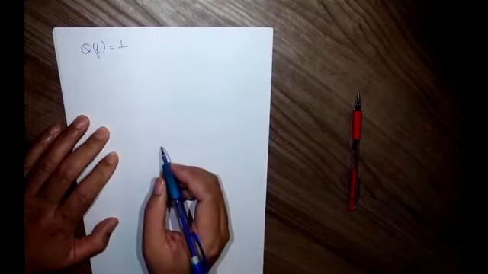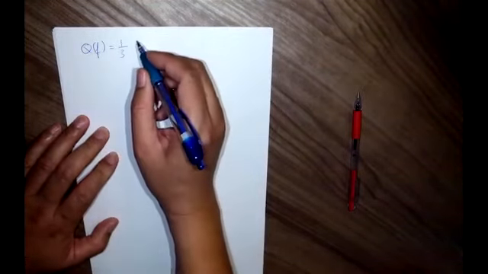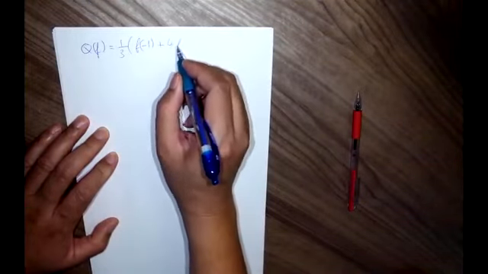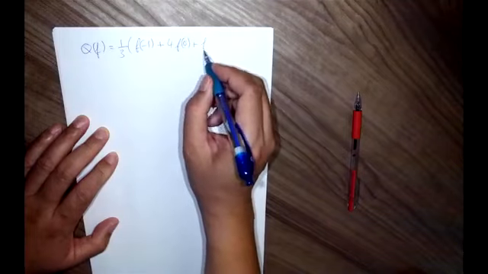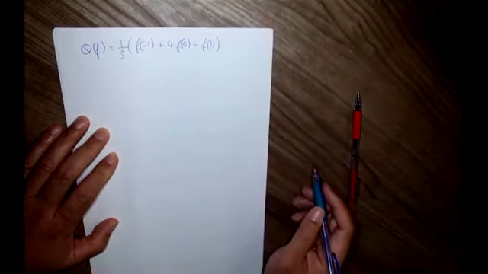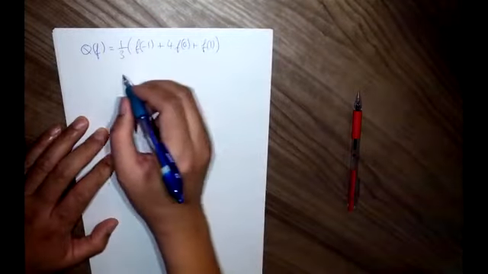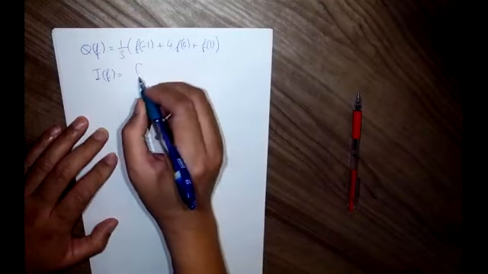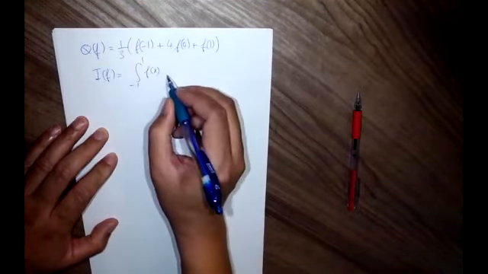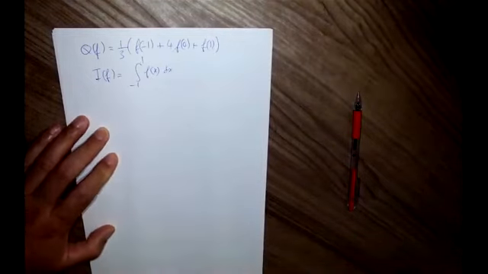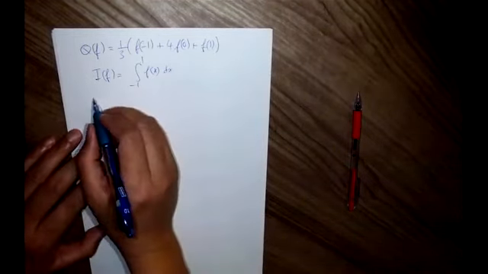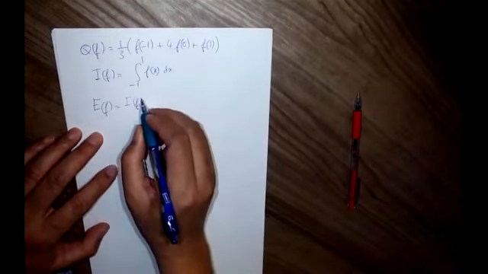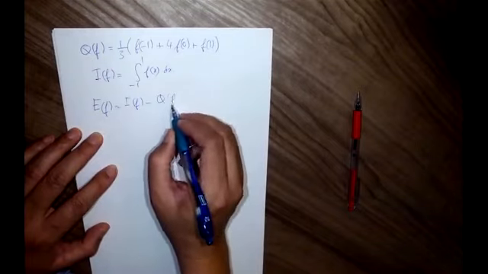So suppose you have a quadrature like this, approximating the integral of f from minus 1 to 1. Okay? So in order to find the degree of precision, you have to compute the errors. Yeah? So the error will be the integral of f minus the quadrature of f.